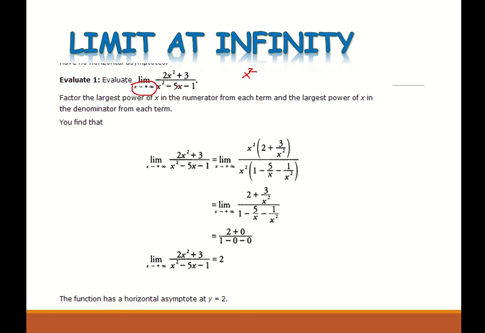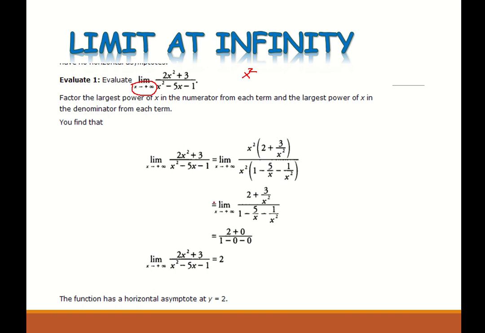Then minus 5x divided by x squared, so that becomes 5 divided by x, since you don't have x squared, you have to divide by x. And minus 1 over, so divide by the common factor, which is x squared.